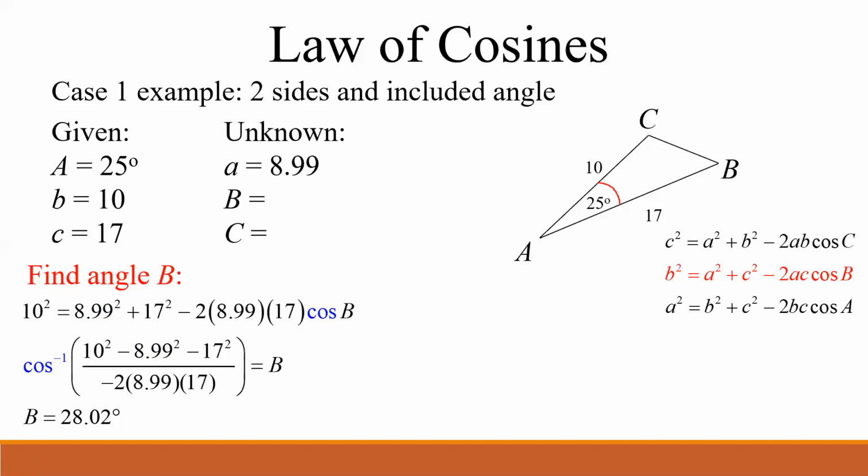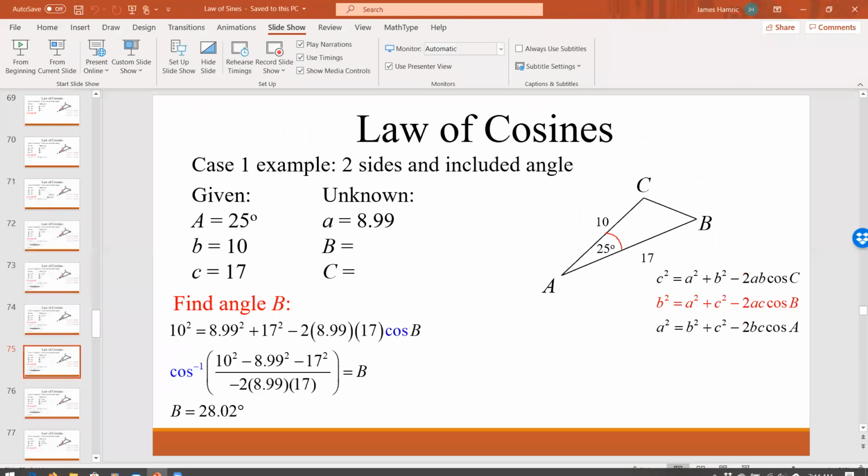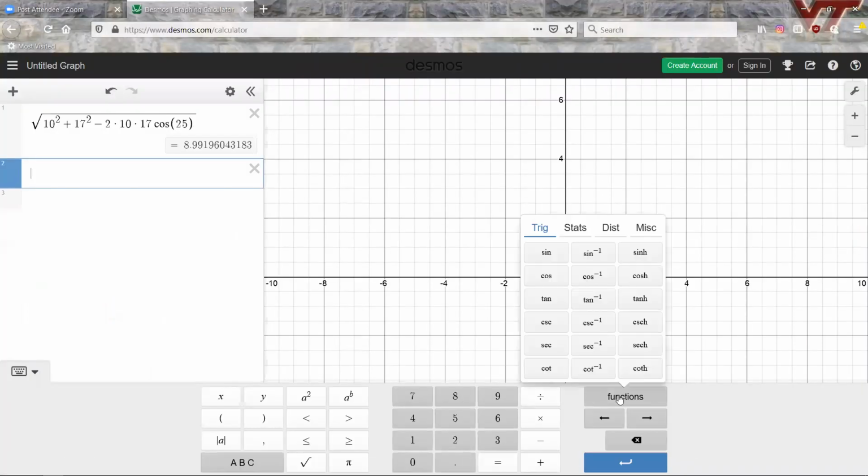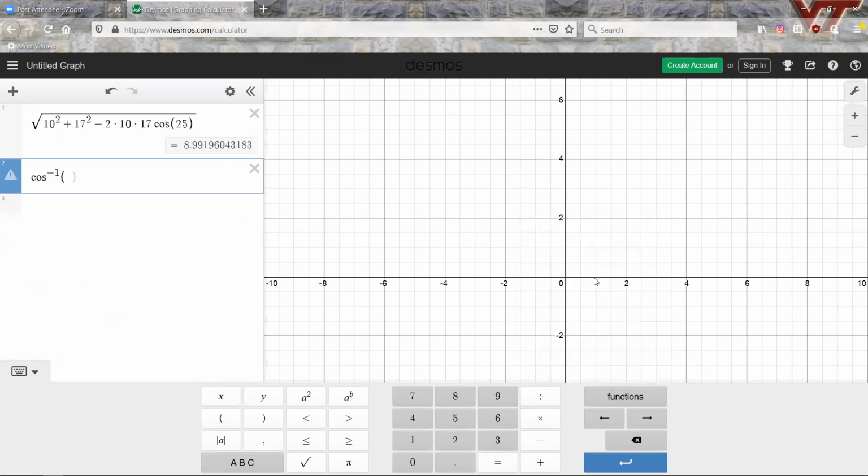And I'll type that into Desmos for you also, just so you can see what it looks like. So go back to my Desmos here. And again, on the functions, here it has the inverse cosine. Make sure you're using the inverse. You have the division key, make a fraction.